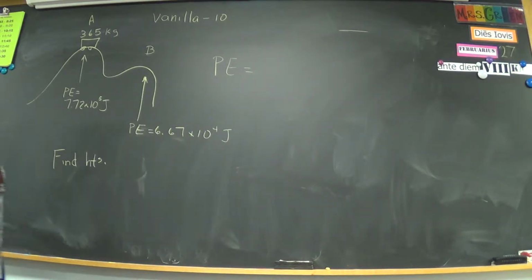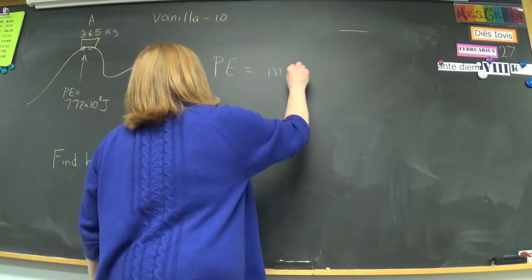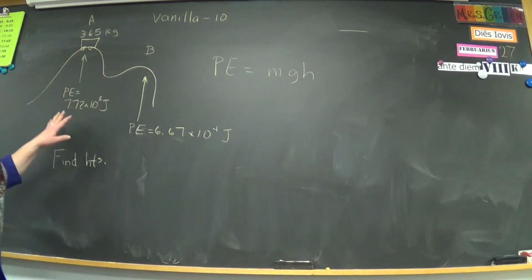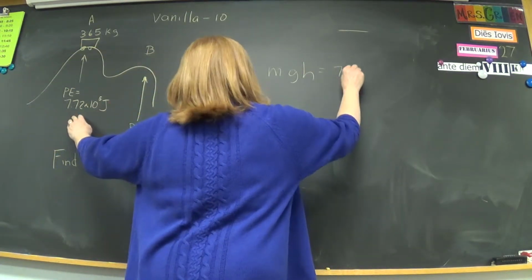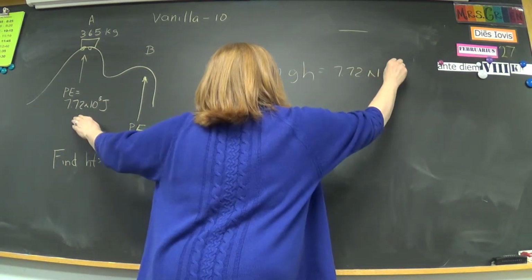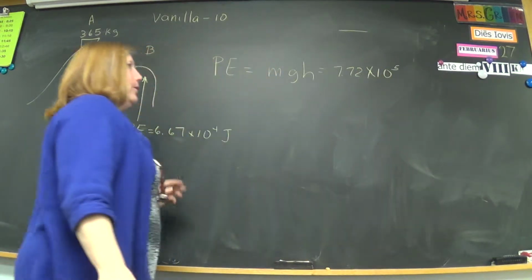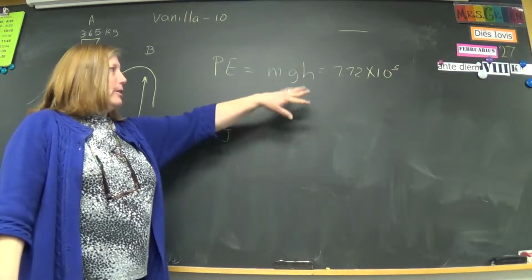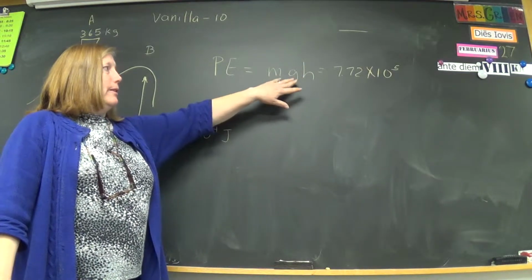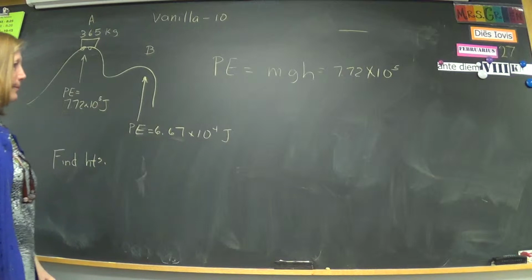MGH. All right. So we have MGH, but we already are told what the potential energy is. So it is 7.72 times 10 to the fifth. And I'll leave out joules, but you know that's what I mean. So do we know any of these parts? Alex, what do we know with numbers for these three parts?